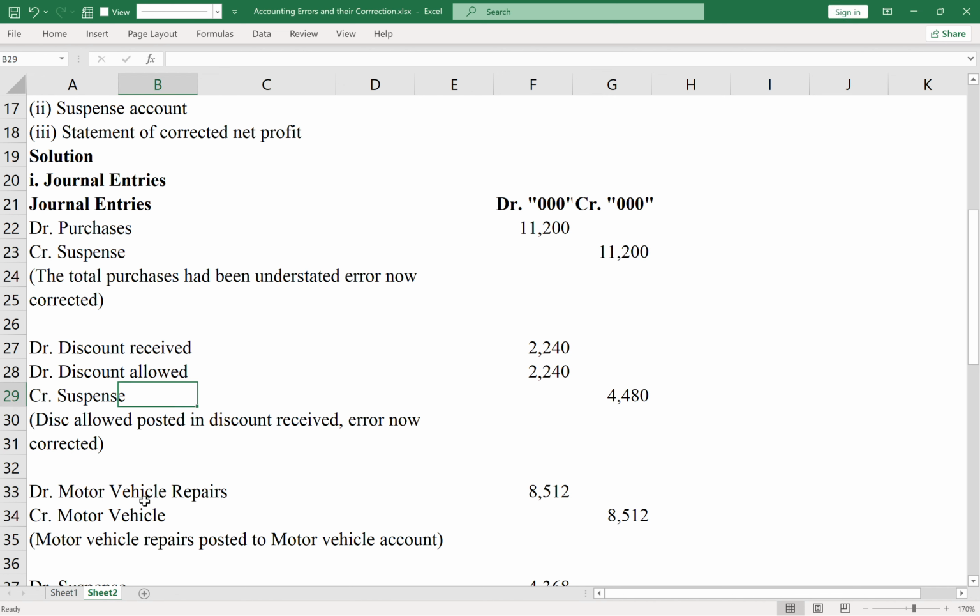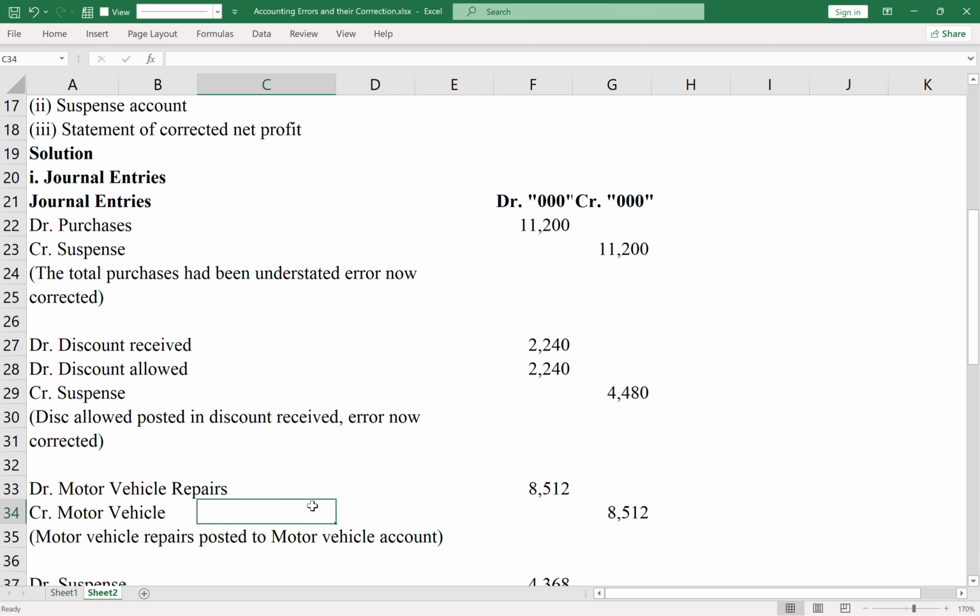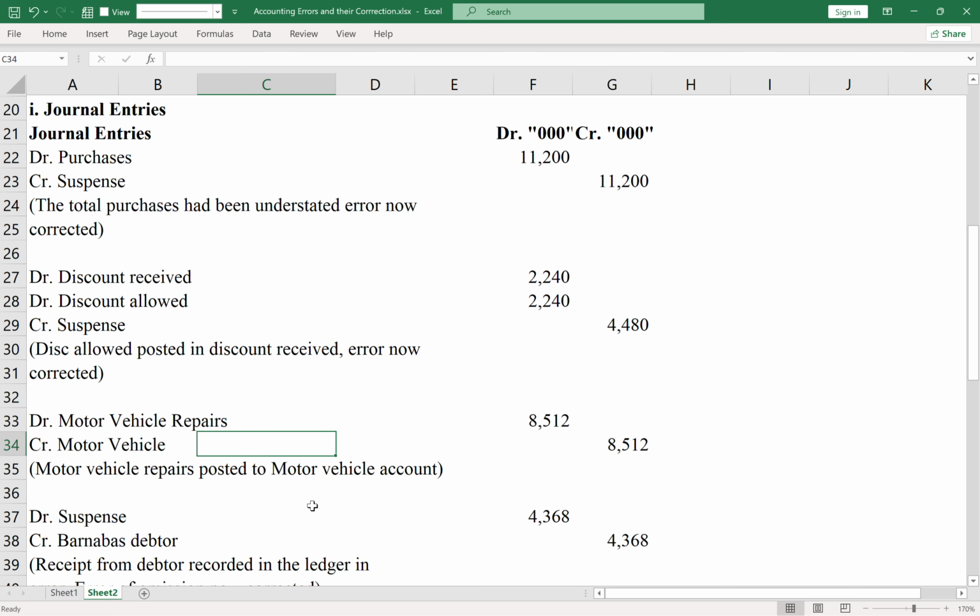So we are going to debit the expense, repairs, which were 8,512. Then we credit the motor vehicle account with the same amount. So we have corrected them. We debit the expense and then we credit the other account of motor vehicle.